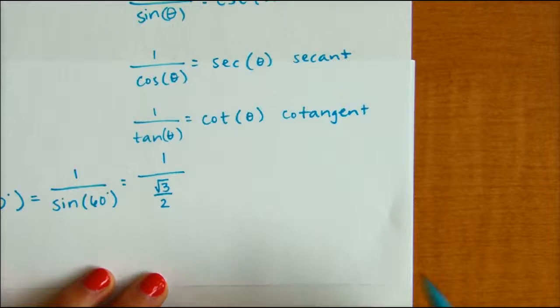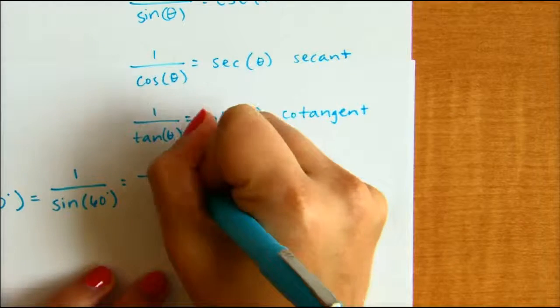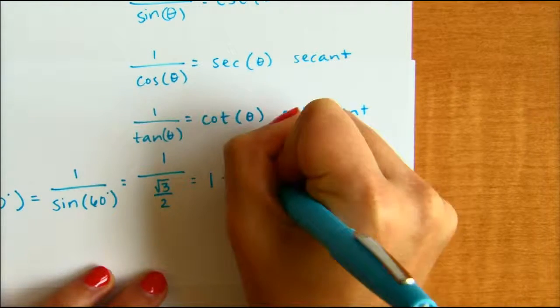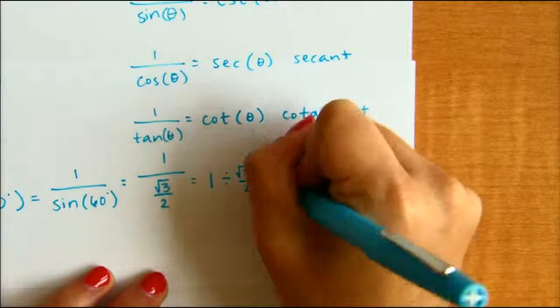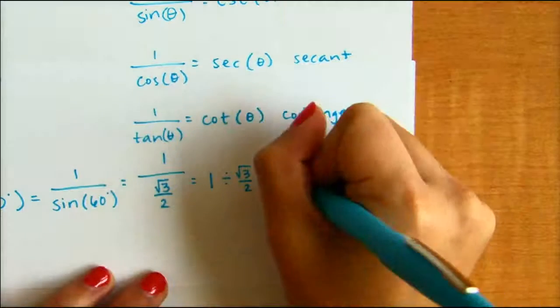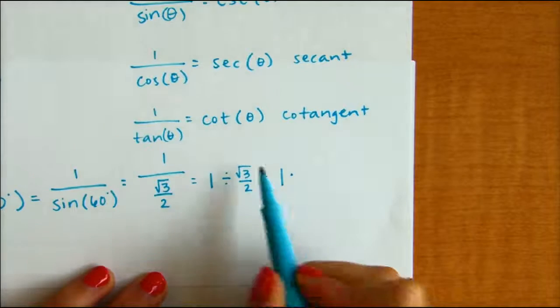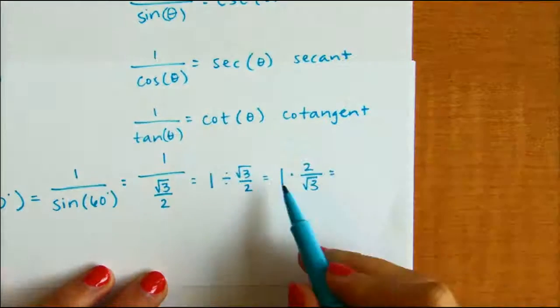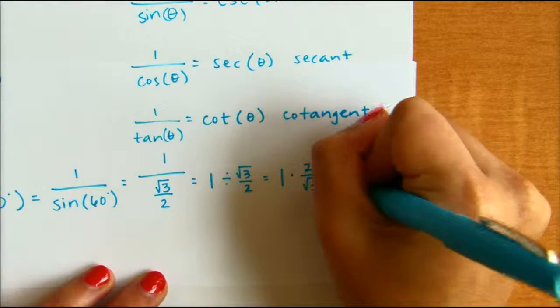If I do some keep, change, flip here, I'm going to have 1 divided by root 3 over 2. Keep the first 1, change division to multiplication, flip my second fraction, 2 over root 3. So when I do that, I'm just going to end up with 2 over root 3.